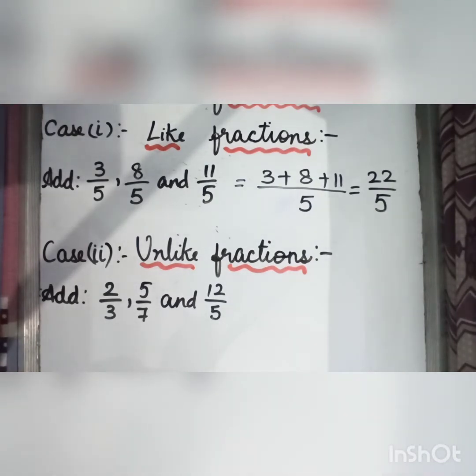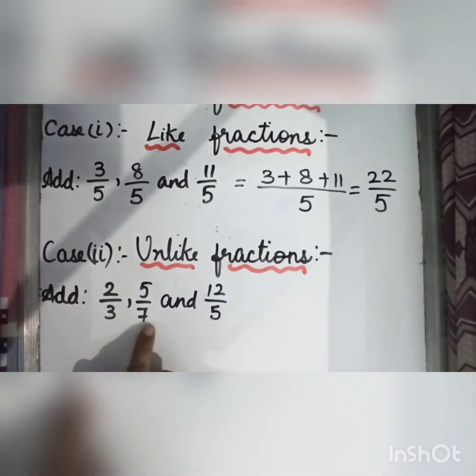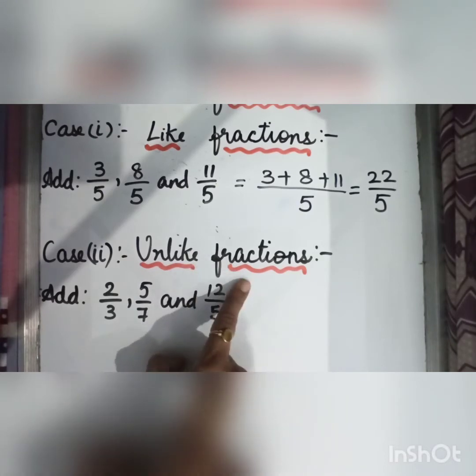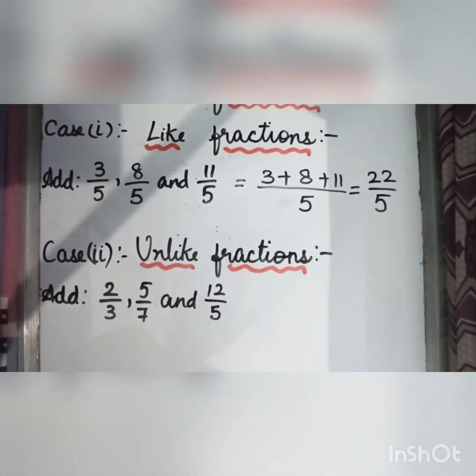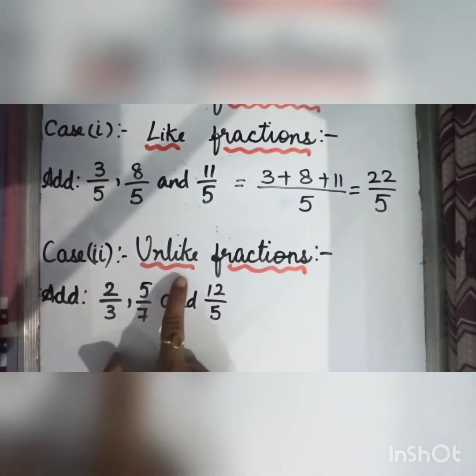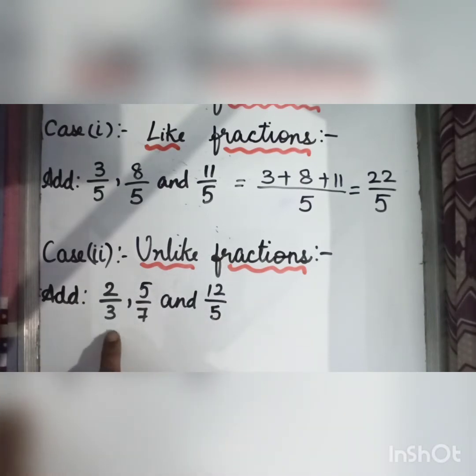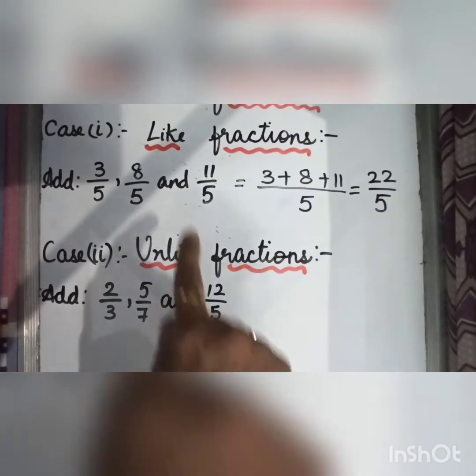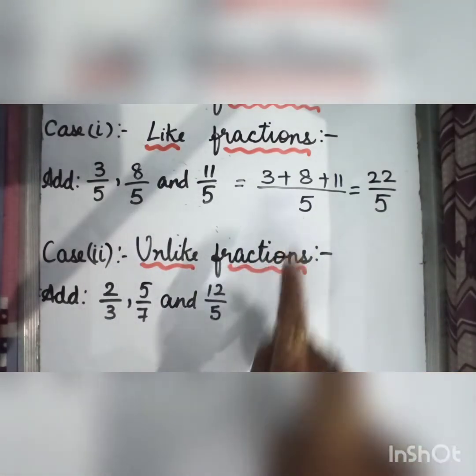Then we have to make the denominators same. Why? The denominators are not same, that is why we call them unlike fractions. We cannot directly add or subtract unlike fractions. So we convert them into like fractions and then add, like we have done in the first case.